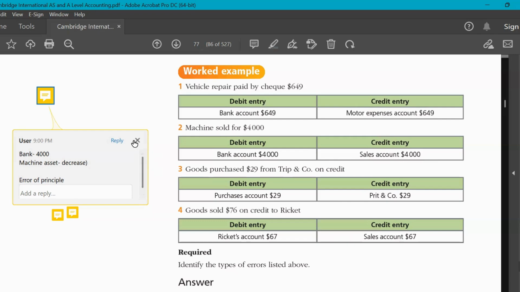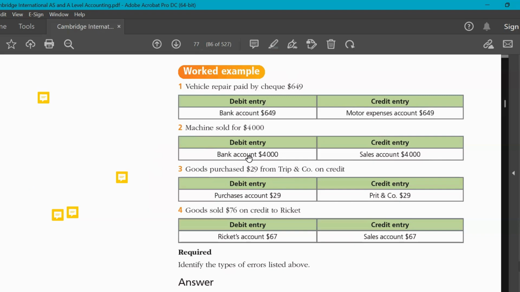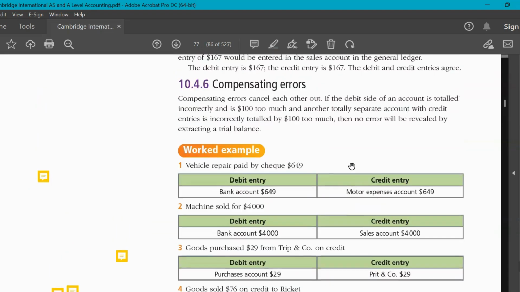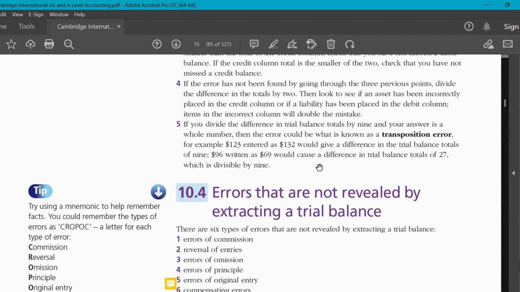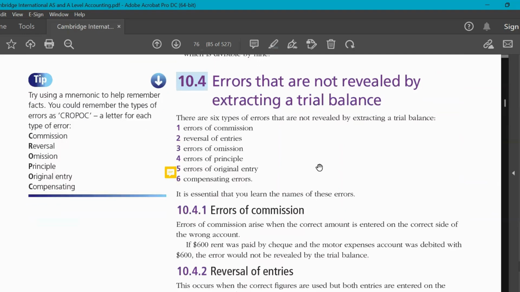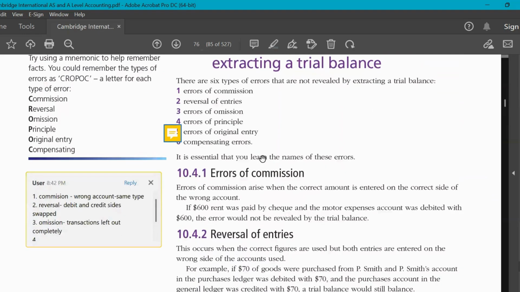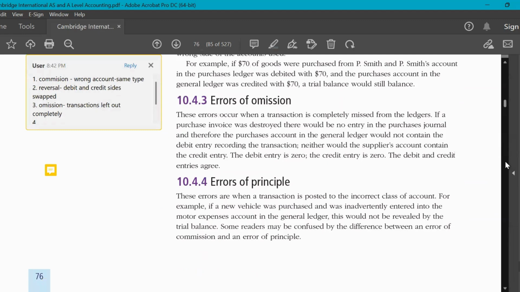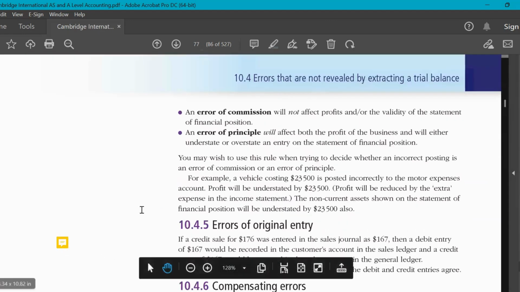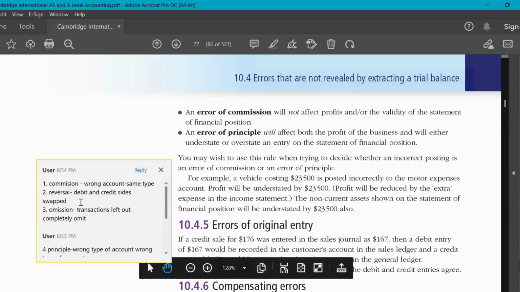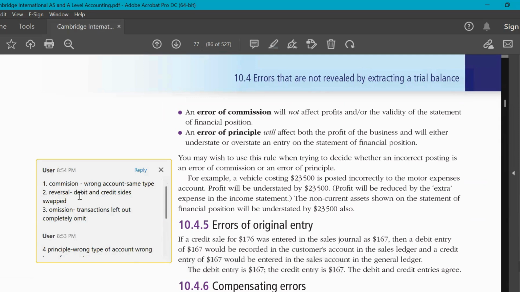let me explain this further. When we say reversal, you have to swap the sides. As a recap of everything, we have to do the recap before we end this session. Again, as a recap, when we say commission, wrong account but same type.